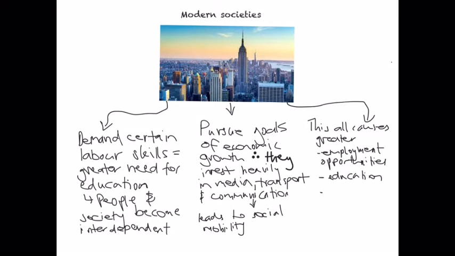And through all of this, leading to social mobility, there's greater acknowledgement of civil and political rights. So modern societies tend to be more complex in their institutions and their expectations and norms, as there are no clear set roles.